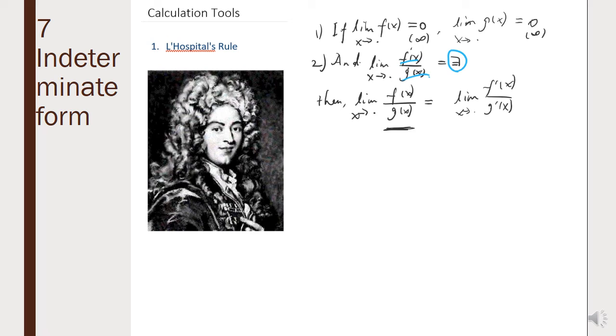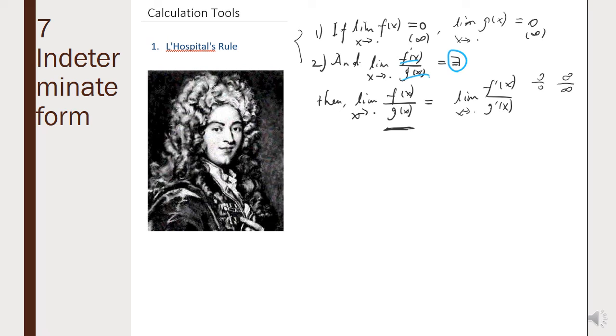If we have two of the 7 indeterminate forms, like 0 over 0 or infinity over infinity, we can take advantage of L'Hospital's rule to find the limit. However, you have to make sure those two conditions are both satisfied.